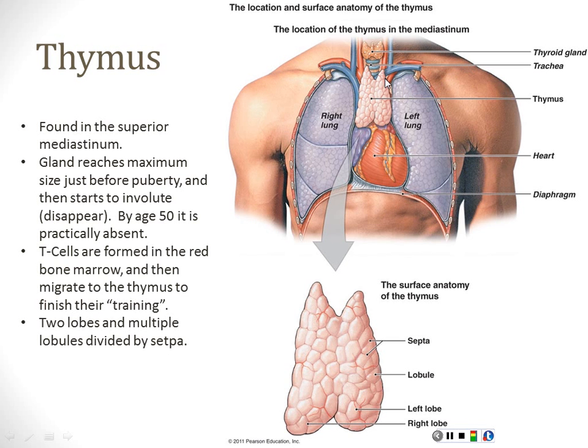So they're in the chest, they're not in the neck. The thyroid gland is in the neck. The thymus gland is in the upper part of the chest. So it sits between the right and left lung, superior to the heart, and anterior to all the great vessels. So in front of the aorta, in front of the brachiocephalic vein and subclavian vein, sits the thymus gland.